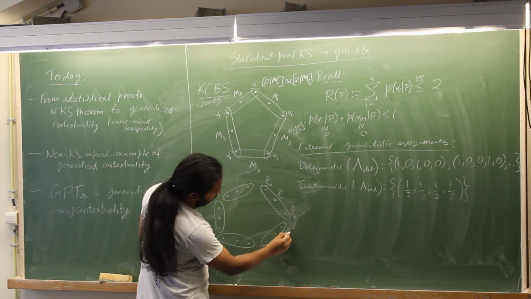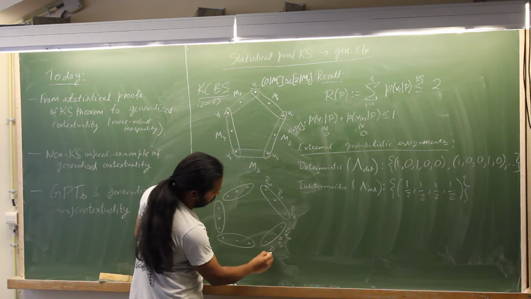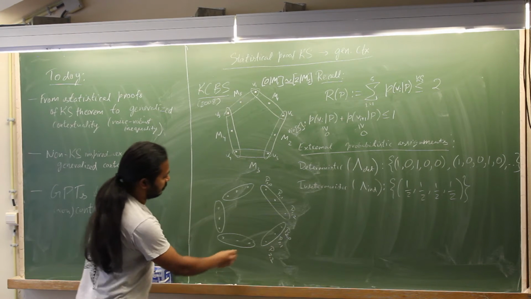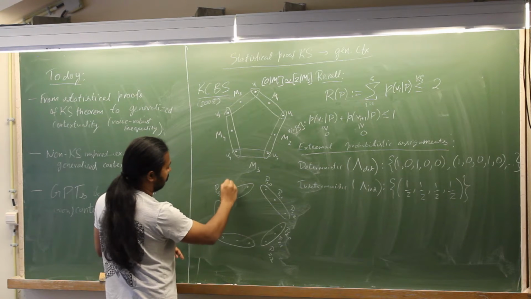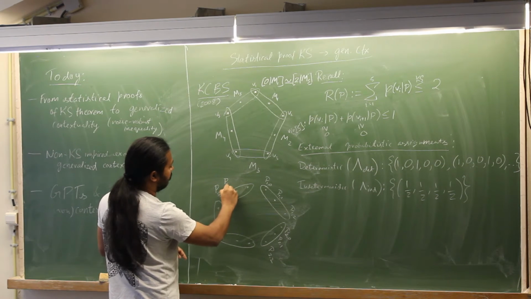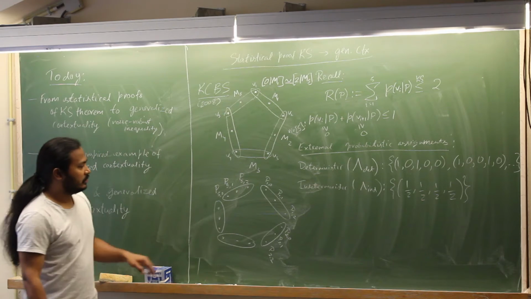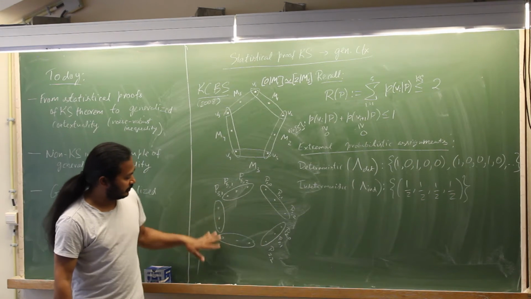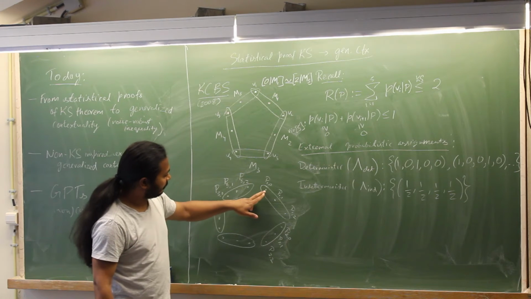For the second ensemble, this is P20, P21, P22, and so on, up to the fifth ensemble: P50, P51, and P52. Okay? So this is just some set of 5 preparation ensembles in your theory.